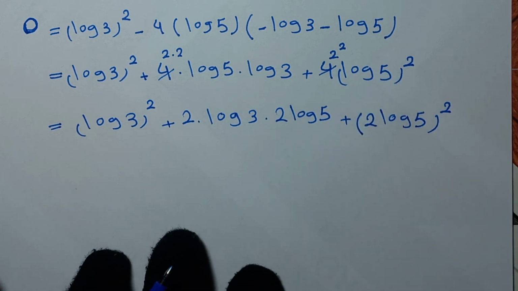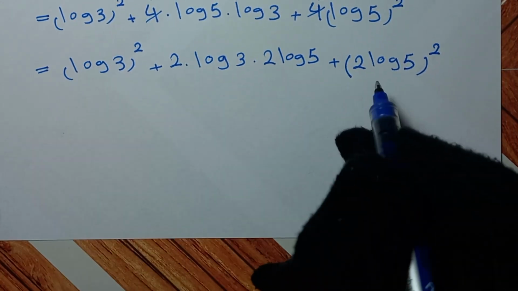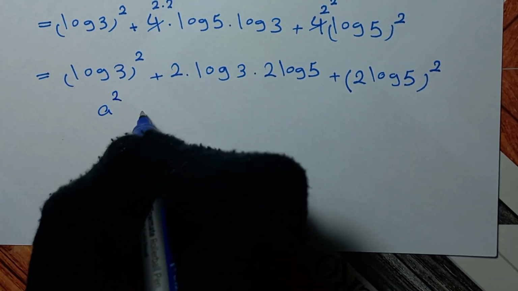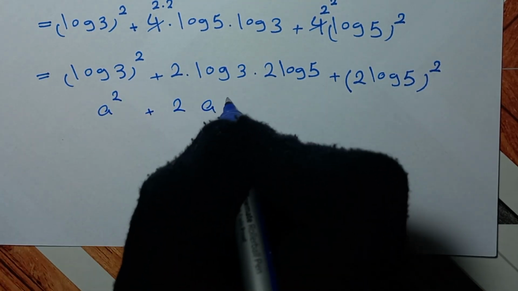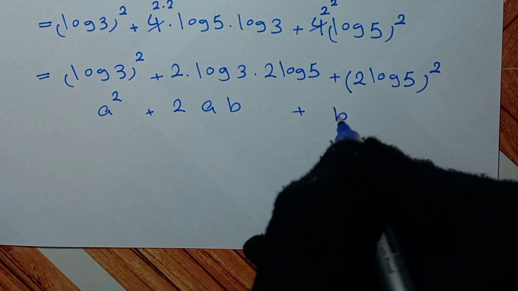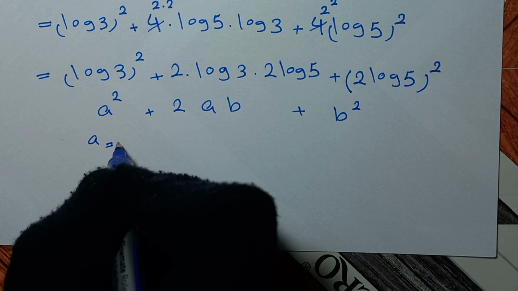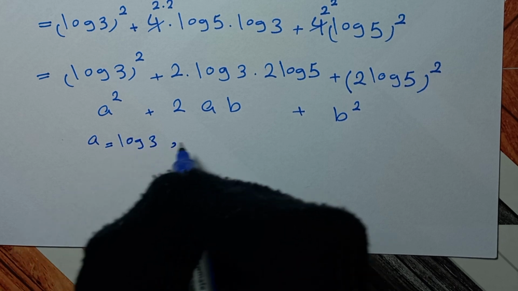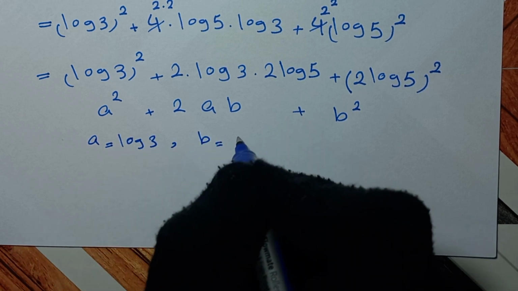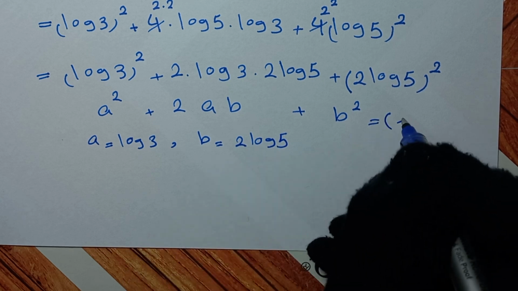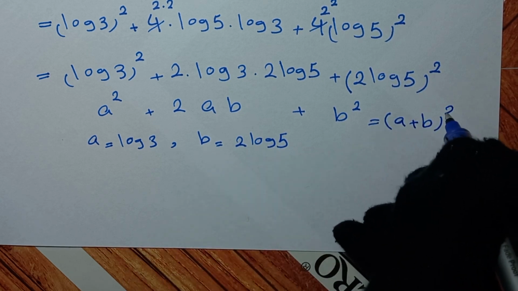So in here, if you look at this, this is in the form of a square plus 2ab plus b square, right? Which is a is log 3 and b is 2 log 5. So in here this is equals to (a plus b) to power of 2, right?